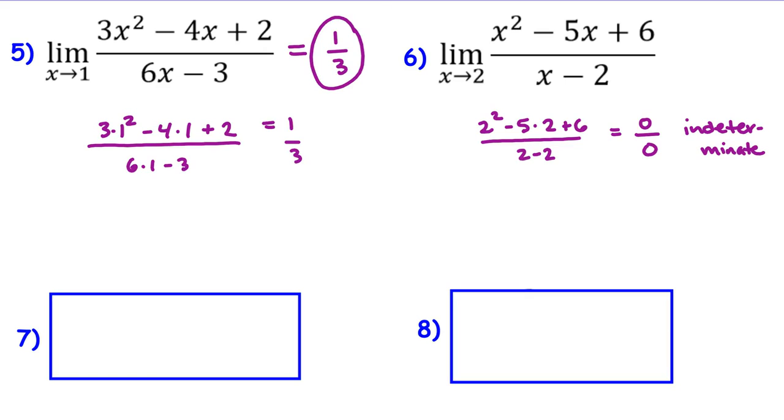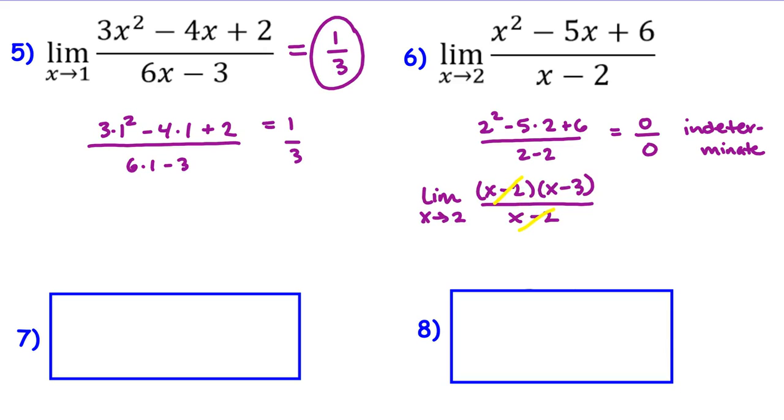We need another way. So here's another method, and this method you'll be using quite often. Let's try factoring the numerator. It factors into x minus 2 times x minus 3, and the denominator is x minus 2. So we can actually cancel the x minus 2's. Remember, what this means is that this rational function has a hole in it at x equals 2.